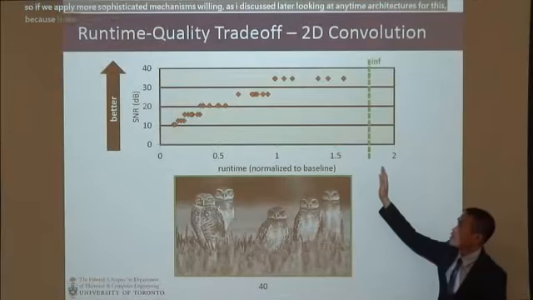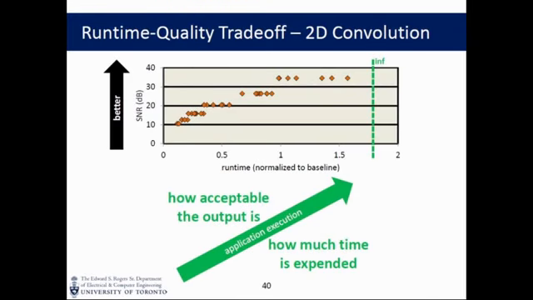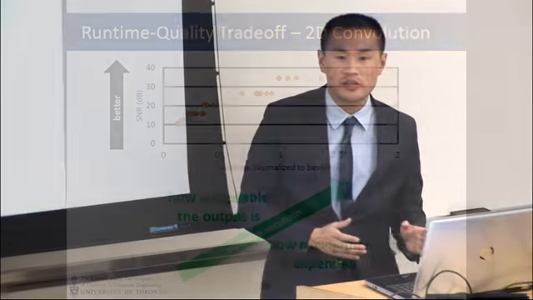So if we apply more sophisticated mechanisms with, as I'll discuss later, looking at anytime architectures for this, because it's deterministic, I believe you could easily bring that down to the baseline runtime and get this effect of improving quality over time without any overhead in terms of the runtime. But the general notion is that you provide some execution model where how acceptable the output is scales directly with how much time is expended.